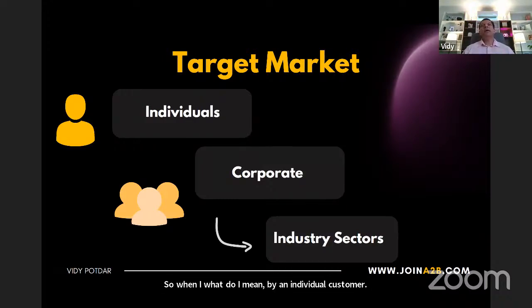An individual customer could be anyone who is an artist, a musician who creates music, an artist who does paintings or digital art, an author who writes short stories or long stories, or any individual at a person level like you and me, who is creating some form of intellectual property. It's music, songs, videos, stories, photos.